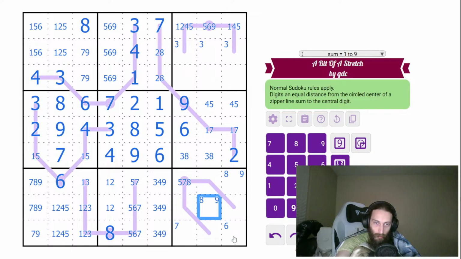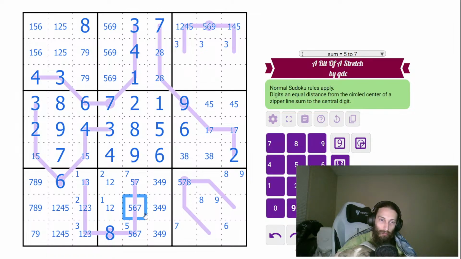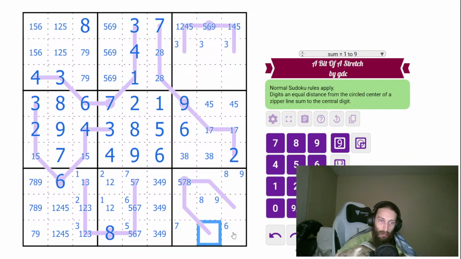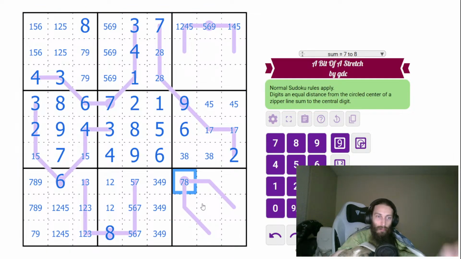So this would be 6. So you'd have 5 and 3, 1 and 2, 1 and 2, 1 pair with 7 and 2 with 6. But then where do 1 and 2 go in row 9? Aha. So that's a 5 1.